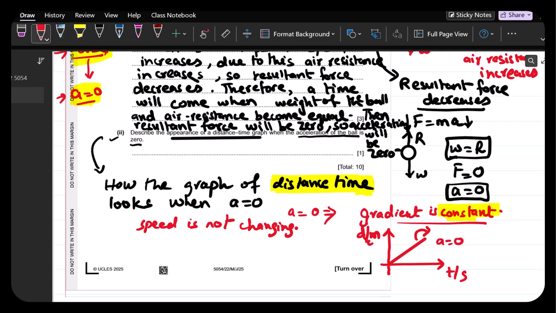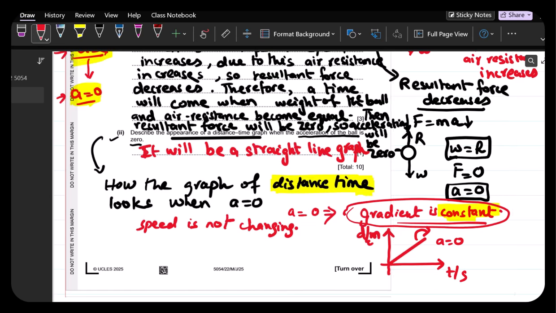So I will be writing here, it will be a straight line graph, or you can say gradient is constant. I hope this question is understandable by you. It is a 10-mark question.